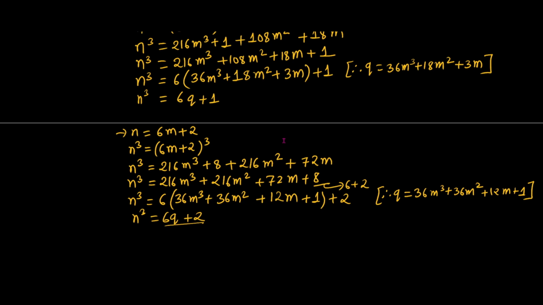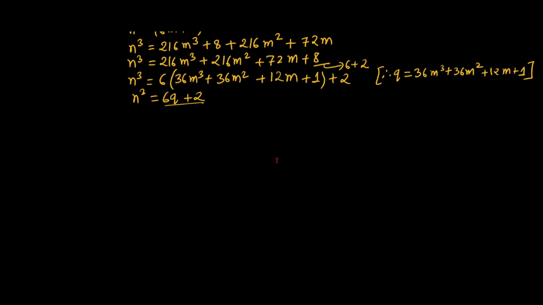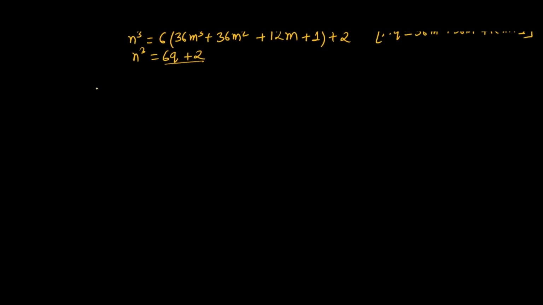So moving towards the next step, n is equal to 6m plus 3. So we will take n is equal to 6m plus 3. So cubing both sides, we will get 6m plus 3 whole cube. So we can write a plus b whole cube in expanded form. So 216 m cube plus 27 plus 3a square b.